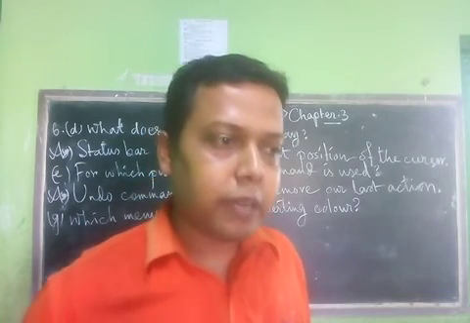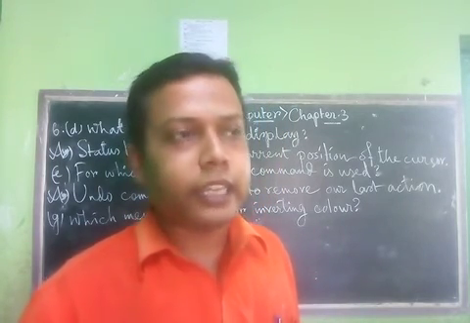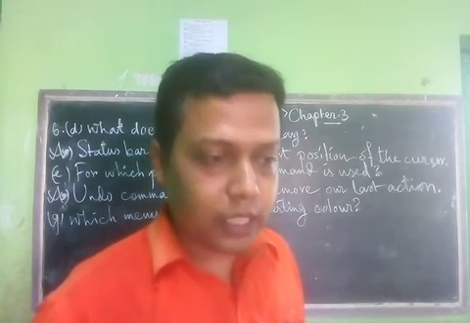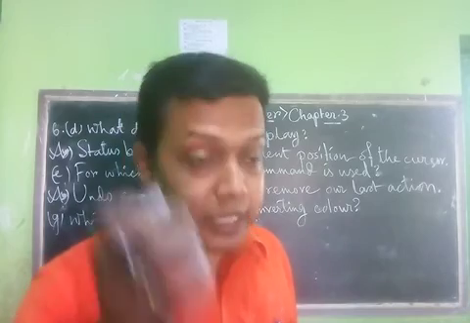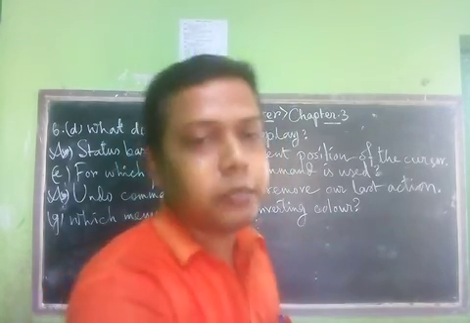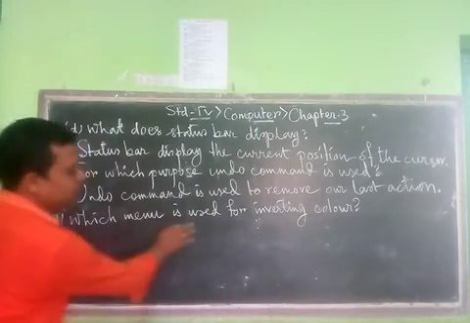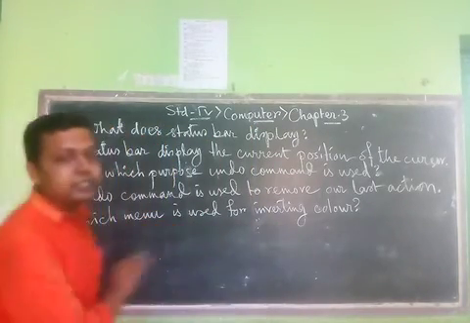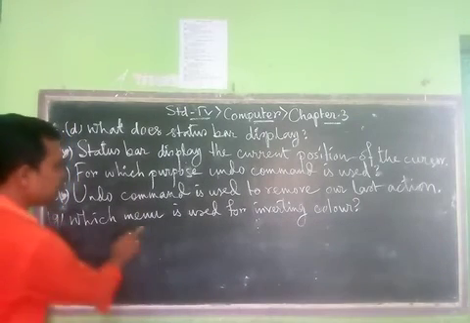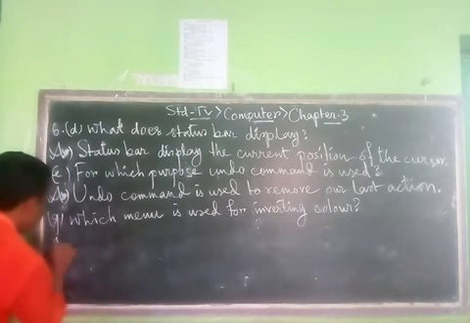We can see various types of options under those menus, like under file, we can see open, save or save as, print, etc. We can also see many other options under other menus. Now the question is asking which menu is used for inverting color. It is not asking the name of the option, it is asking the name of the menu.